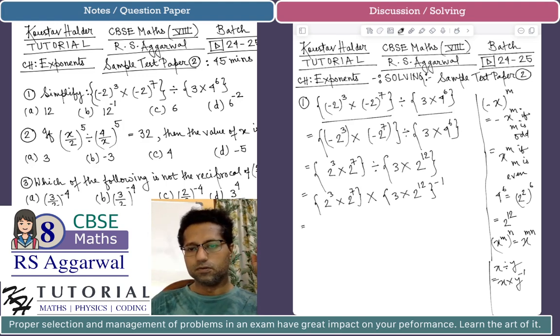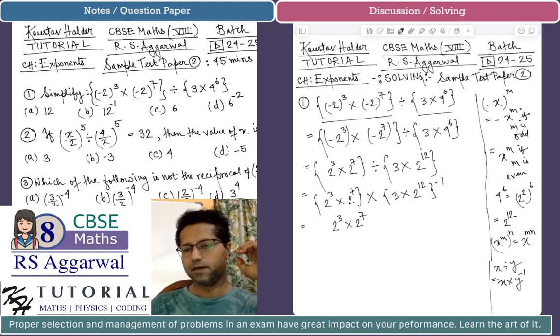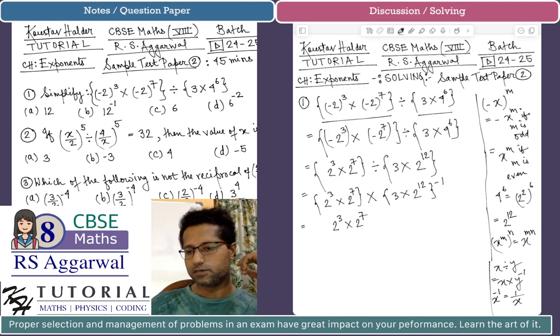So this is equal to 2 cube multiplied by 2 to the power 7. Now what is the reciprocal of 3 multiplied by 2 to the power 12? We know that for any number x, the reciprocal of x is 1 by x.